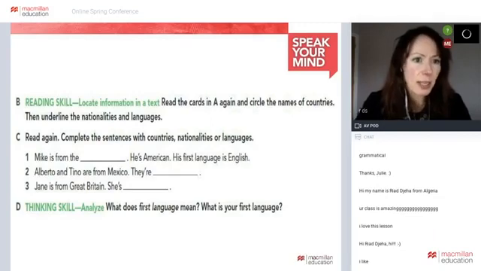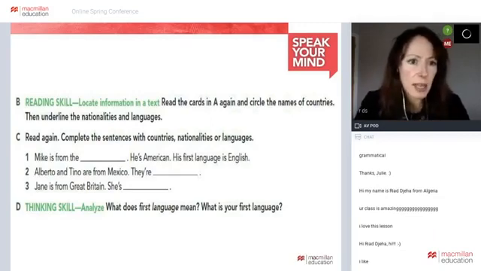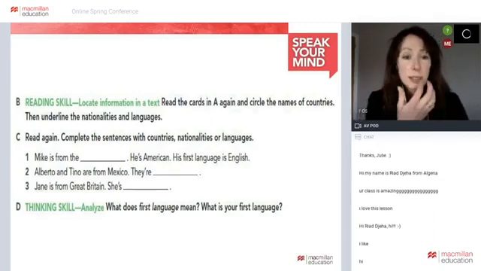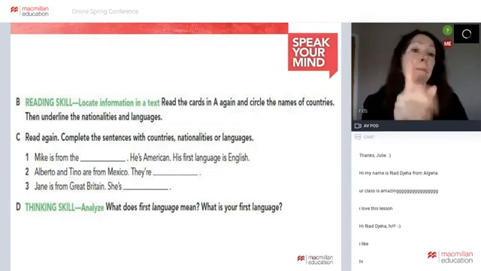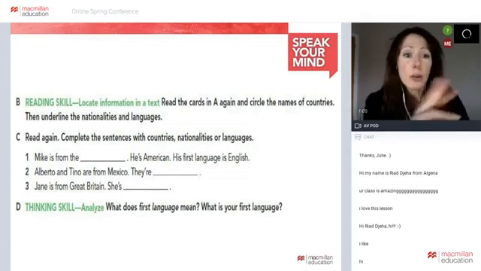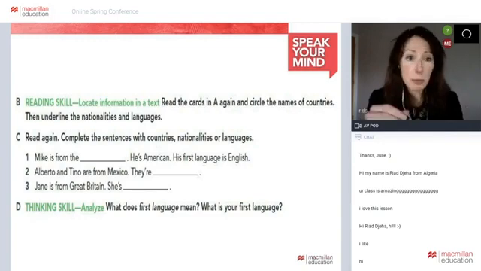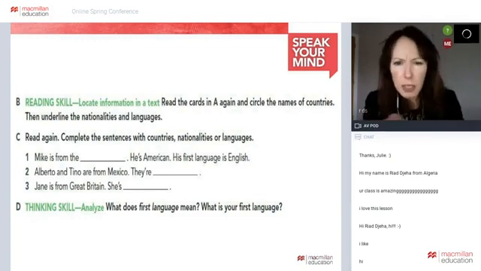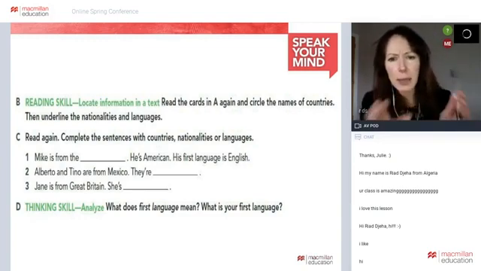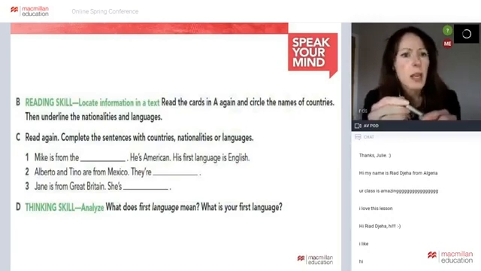For activity C, if we have a look, we've got 3 sentences there. Just complete the sentences with countries, nationalities, or languages. And this is an example of where you can grade, maybe deal with mixed level classes a little bit. Earlier, someone asked about having a beginner and an elementary, how to cope with that.